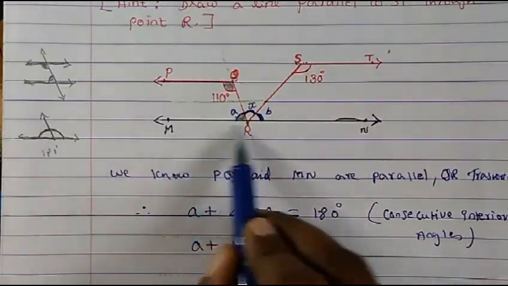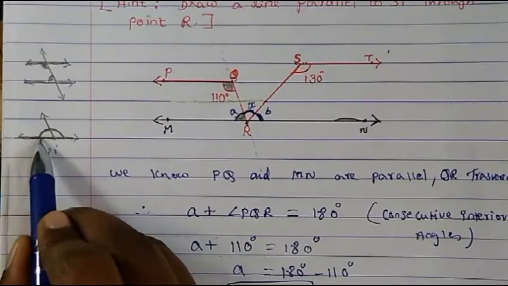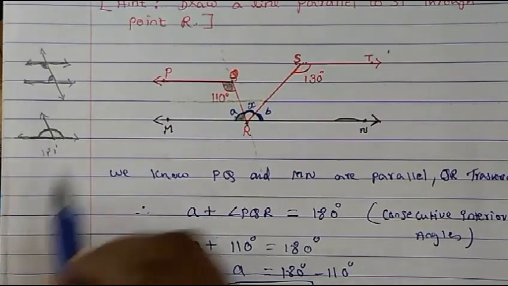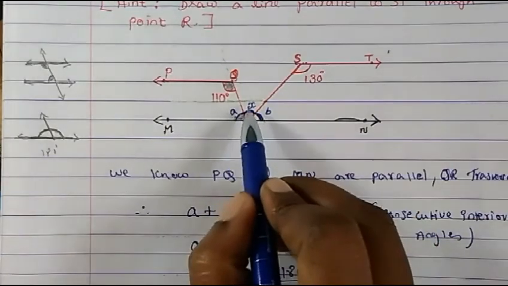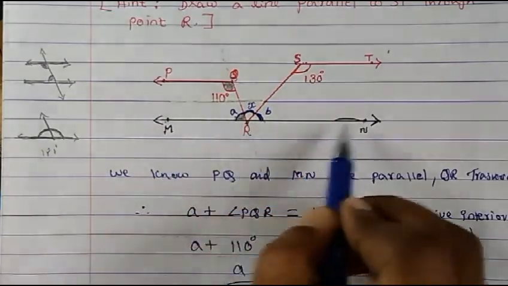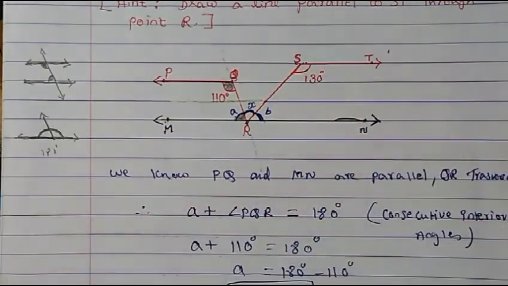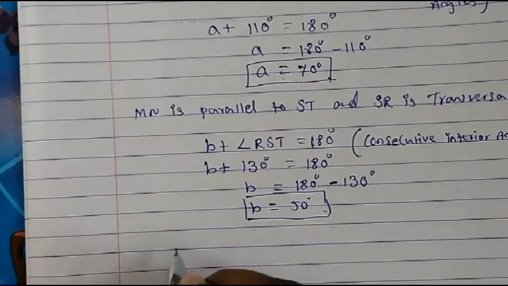Now we know MRN is a straight line, and the full angle of a straight line becomes 180. So can we say A plus X plus B equals 180? Because angle MRN is a straight line angle.